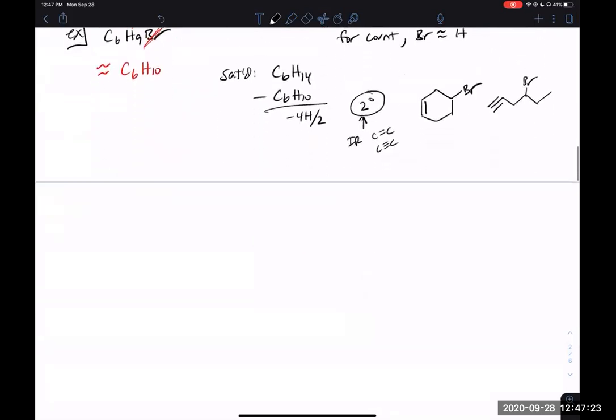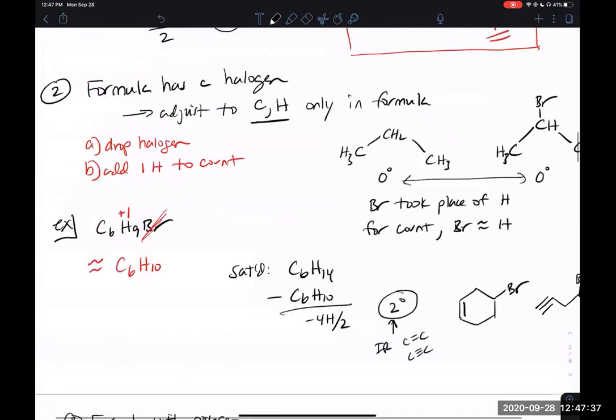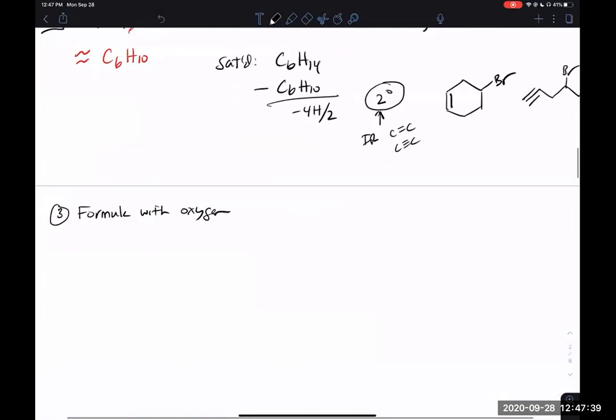Okay, now a lot of you are going to have oxygens. So we are going to have to figure out how to adjust that to just C's and H's. To do it, let's go back to our little propane, all single bonds.